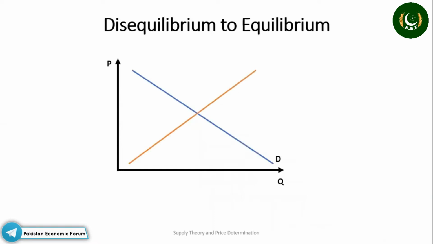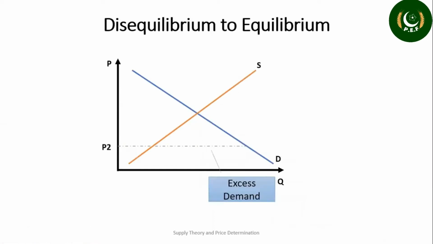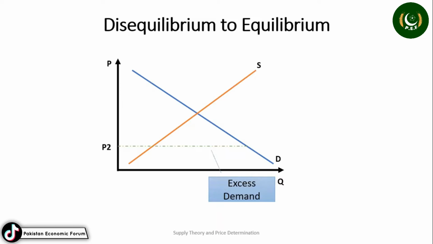How we reach equilibrium from disequilibrium, let's understand with the help of an example where the price level is at P2 and the quantity demanded is greater than the quantity supplied. In this case, many consumers who would like to buy the commodity will not be able to buy it.